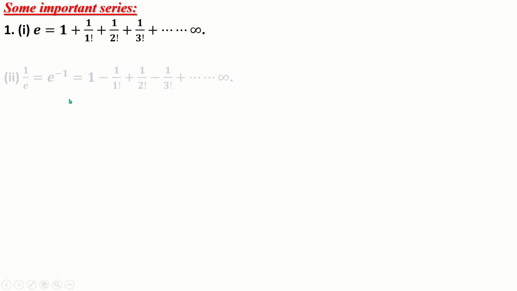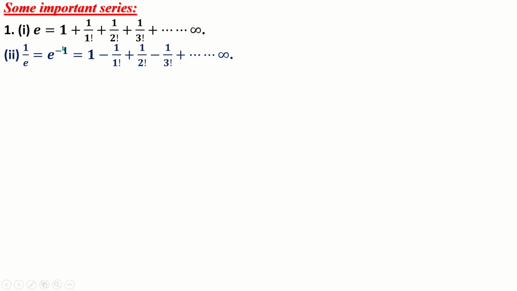Some important series. One divided by e to the power x, or the inverse, is the same series where only the signs will be minus. These are important, and we learned some of these formulas at SSC level.